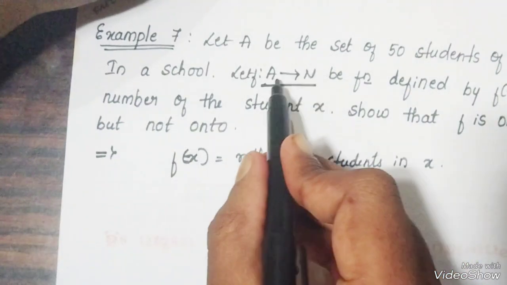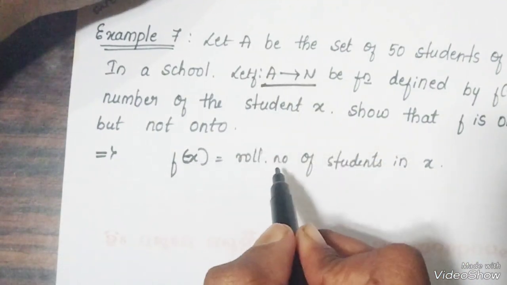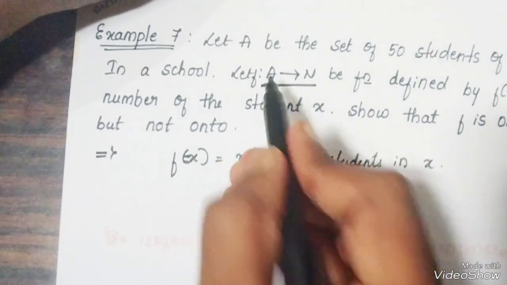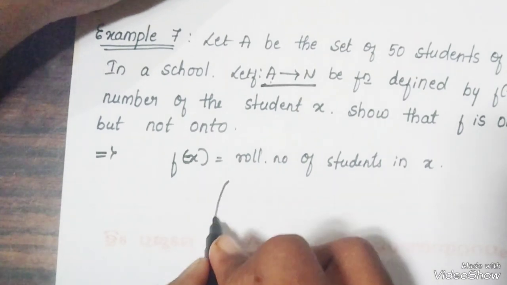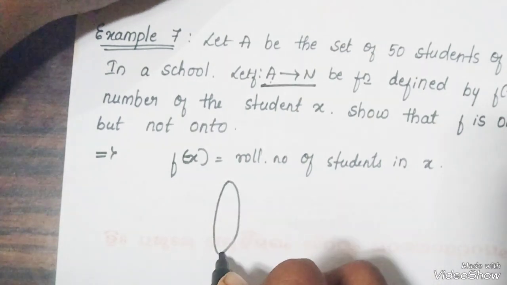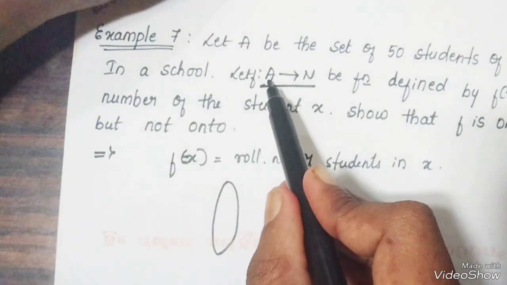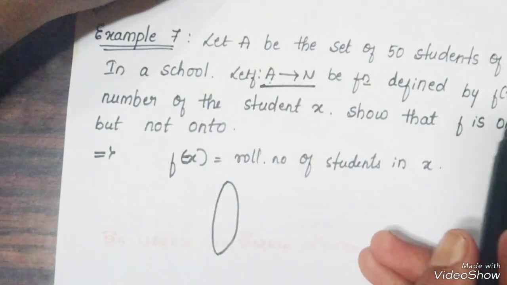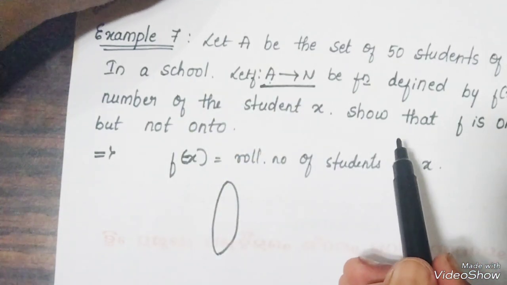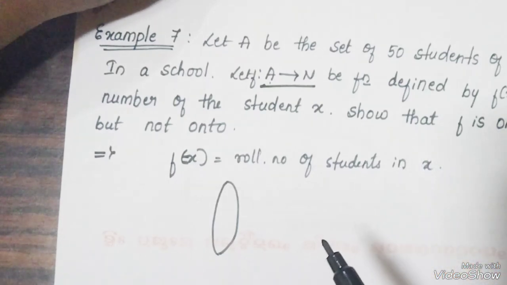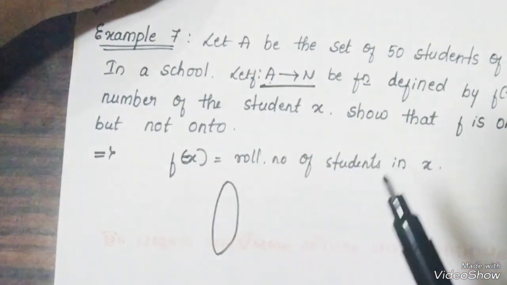Now, a function means here we have to consider a domain. What are the elements present in the domain? A means, how many have they given? They have not given how many.